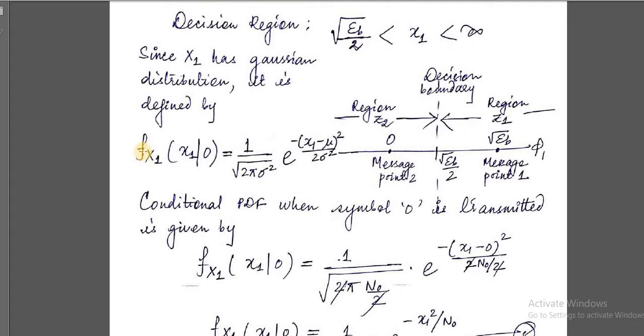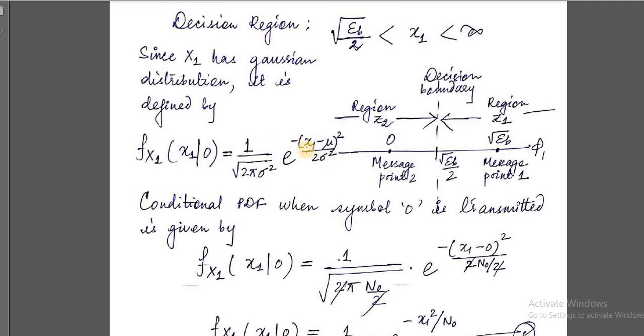Okay, so the conditional probability f of x1, where capital X1 is the random variable and small x1 is a dummy variable of this random variable, conditioned on 0 being transmitted, is equal to the generalized expression for the probability density function of a Gaussian distribution: 1 divided by root over of 2 pi sigma square, e to the power minus of (x1 minus mu) whole square divided by 2 sigma square.